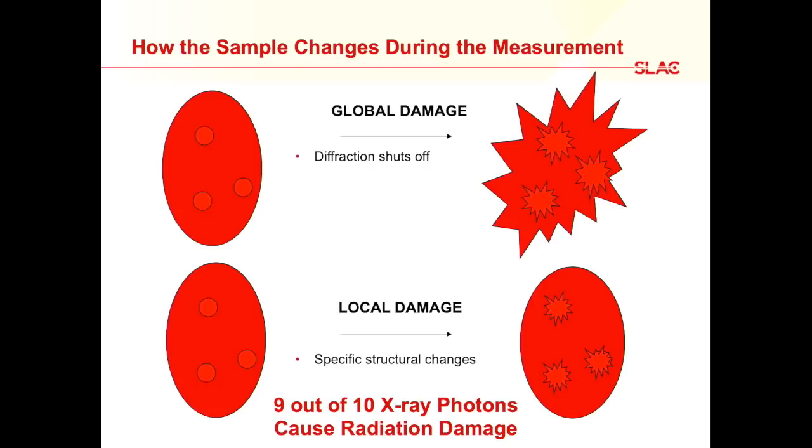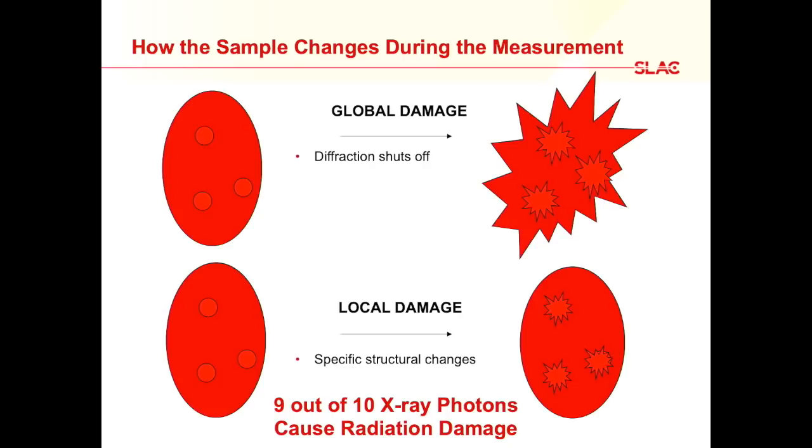What we call global damage, where everything just flies apart in a uniform, random manner. And then after a certain time, when your crystal is undergoing such a process, you don't have a regular arrangement of molecules anymore. You don't have diffraction anymore because you don't have a regular array of objects to diffract from. So in that case, your sample will diffract for a while. When it's too damaged, it just won't diffract anymore.